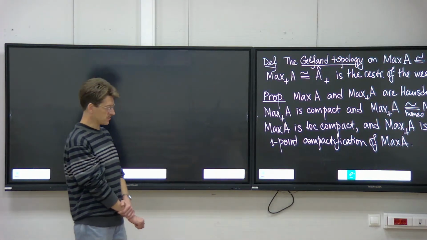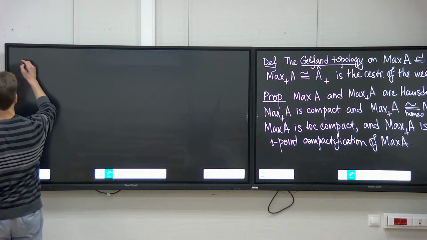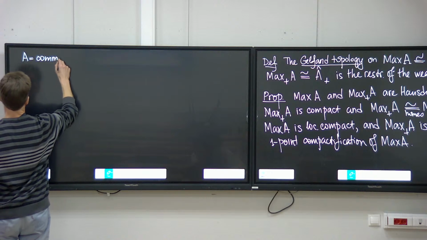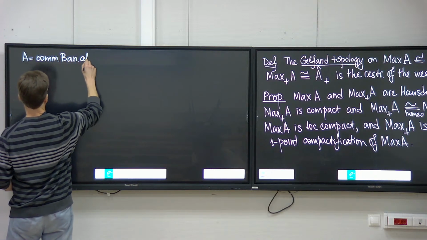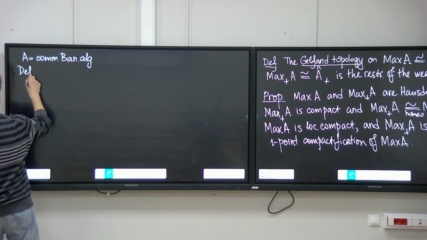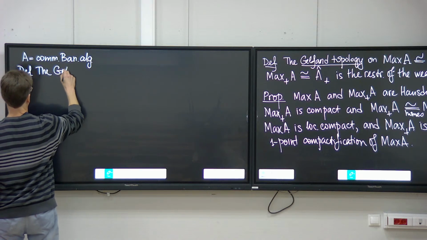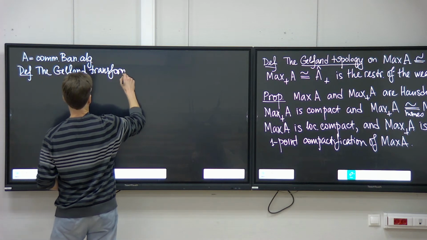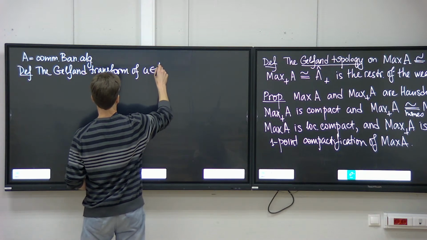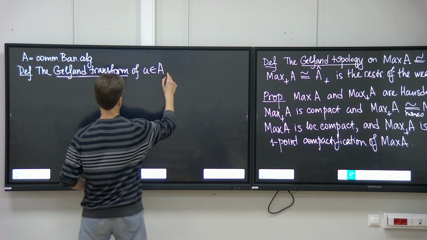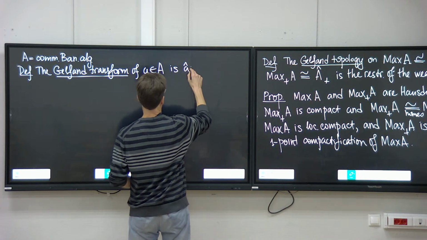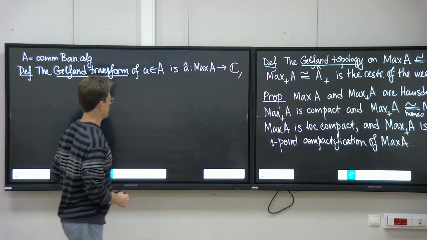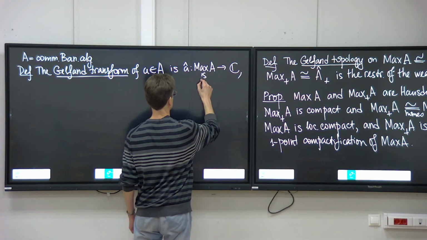Okay, let's now introduce the Gelfand transform. As before, we assume that A is a commutative Banach algebra. And we define the Gelfand transform of an element little a in A to be a function a hat on the maximal spectrum, which is again identified with the character space.